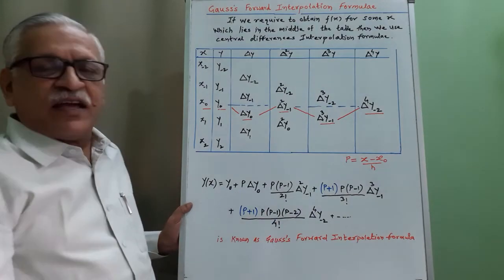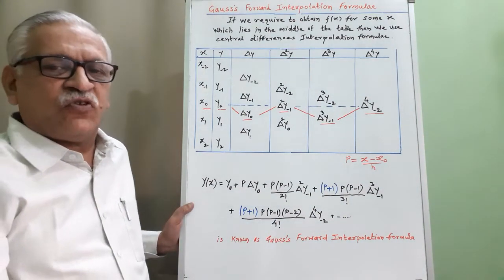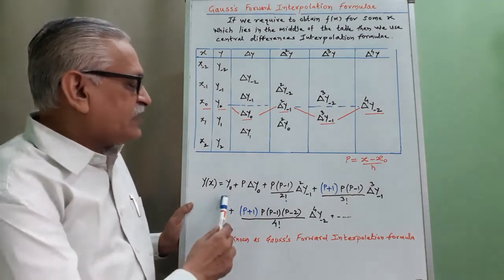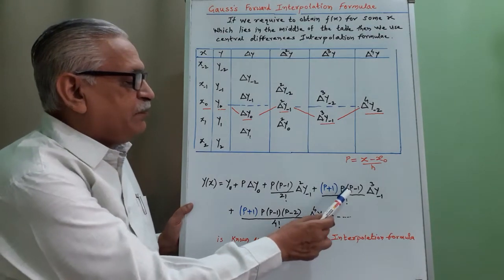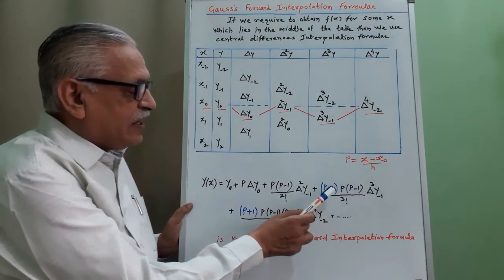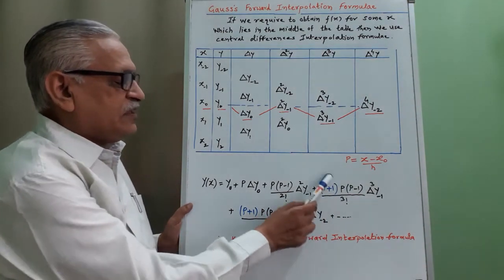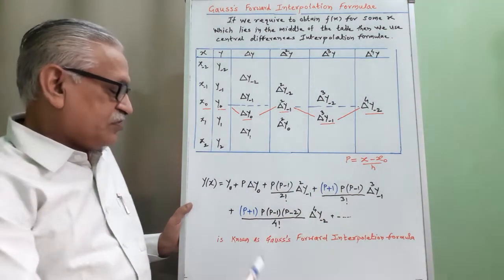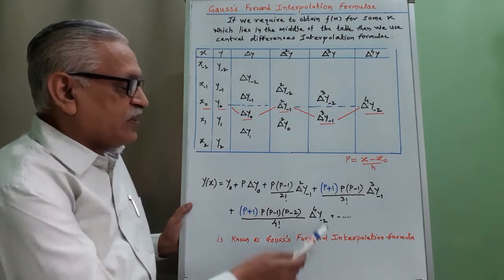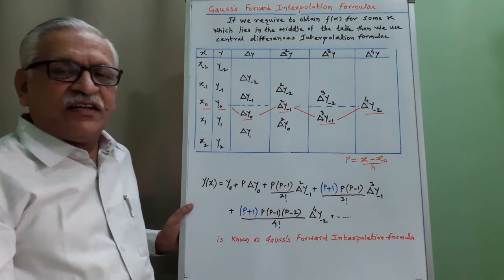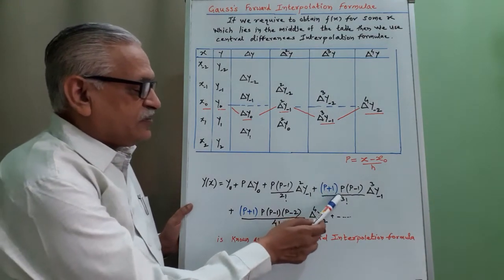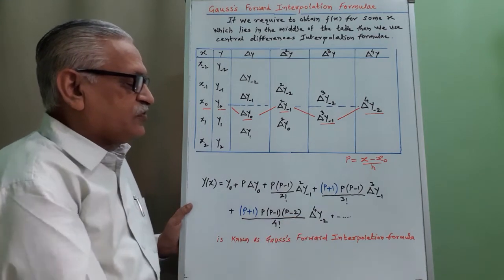Therefore, this is as per Newton's forward interpolation formula. Then p minus 1, that we have to multiply here by p plus 1. This is the additional term in Gauss' forward interpolation formula. I have written it in blue color. Therefore, this is the new term we have to introduce.